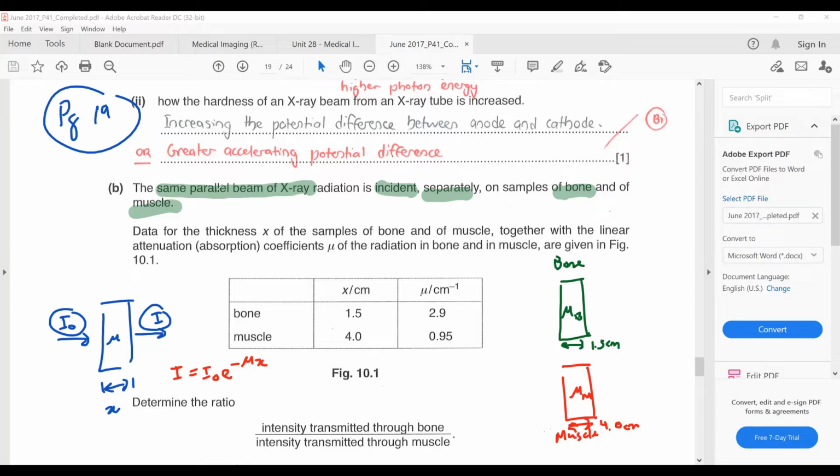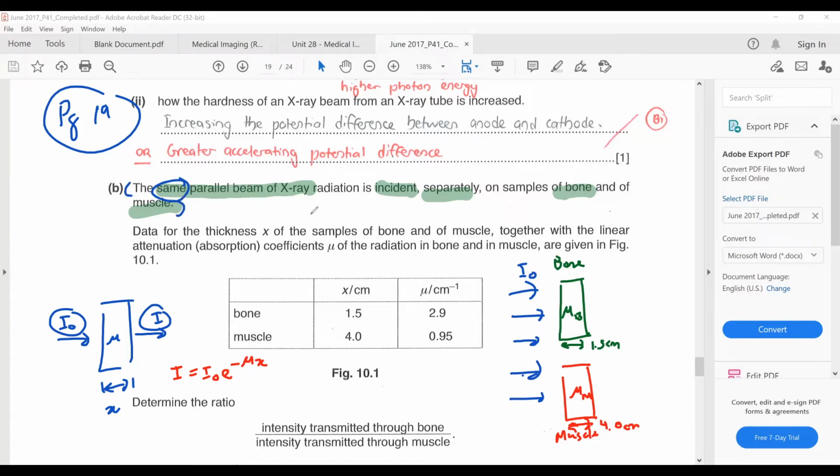So the part where they tell you that the same parallel beam of X-ray is incident separately on samples of bone and muscle, it actually means this. If you have a parallel beam of X-rays like this, they are both incident on these two at the same time. Okay, right? This is what this statement actually means.